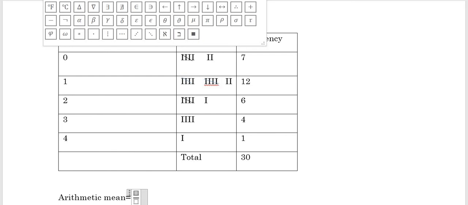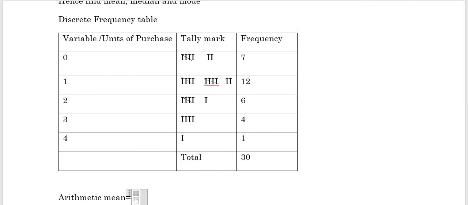It cannot be directly written as in the case of raw data. Here, a product of the variable into frequency is to be written, as summation of x into f, divided by summation of f. Okay, summation of frequency.